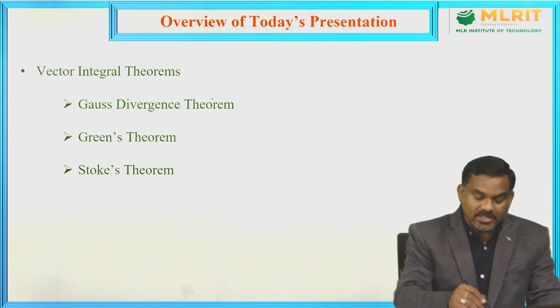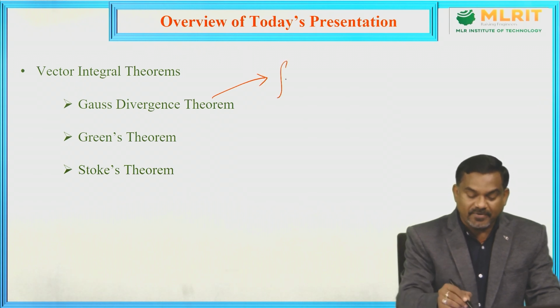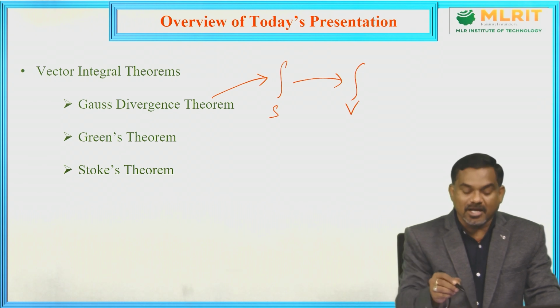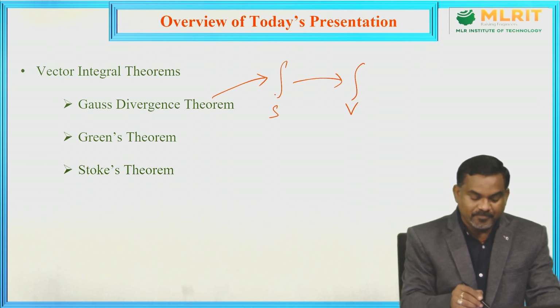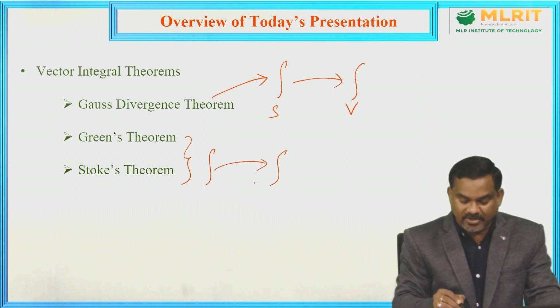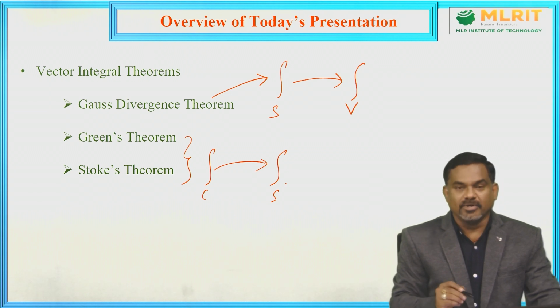Here, using Gauss Divergence Theorem, we can transform a surface integral to a volume integral, that means a double integral to a triple integral. And using Green's and Stokes theorems, we can transform a line integral into a surface integral, so single integration into a double integration.